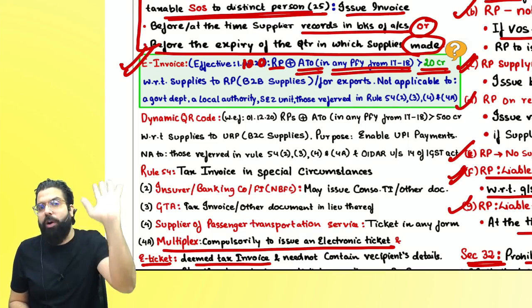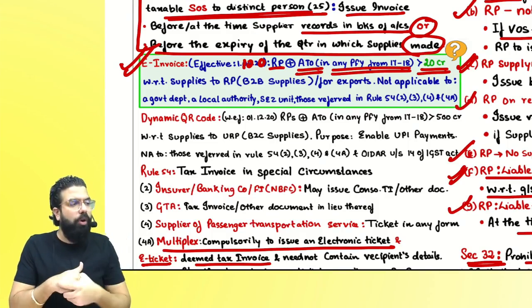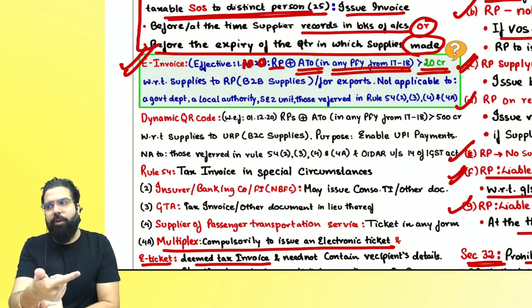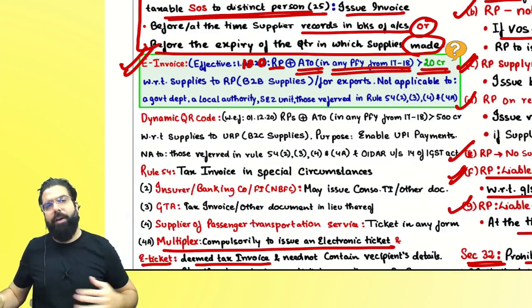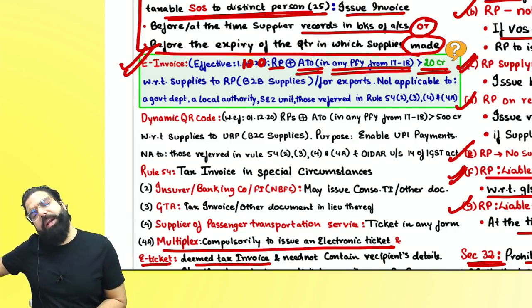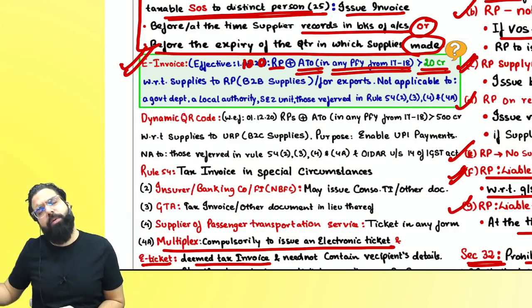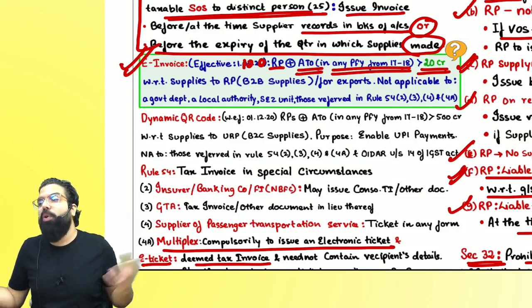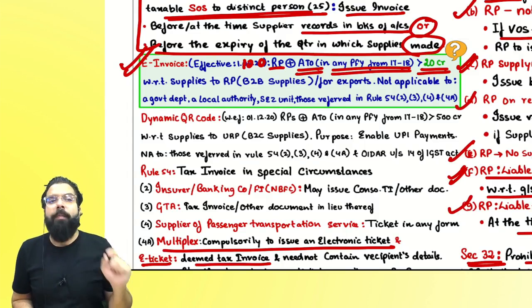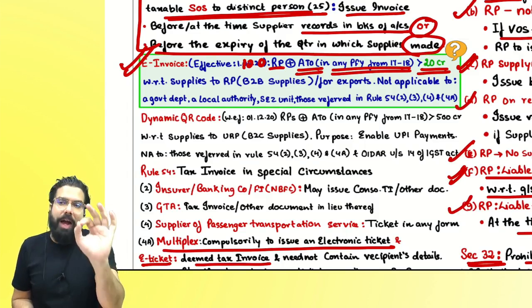May 22 onwards, it will be 20 crore rupees. So from 1st April 2022, if in any preceding financial year from 17-18, 18-19, 19-20, 20-21 or 21-22 your turnover has exceeded 20 crore rupees, then e-invoicing provisions are applicable to you.